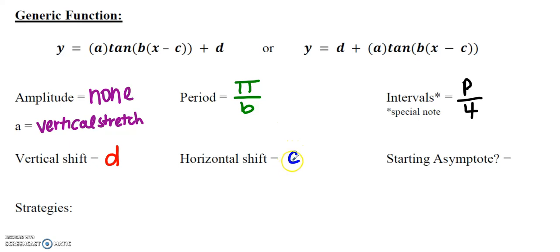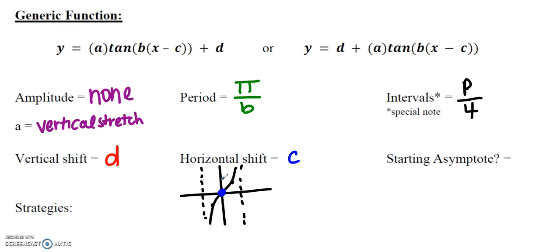And the point that you're shifting when you do the horizontal shift, the point that actually gets moved as our starting point, that gets the shift, is this one right here.